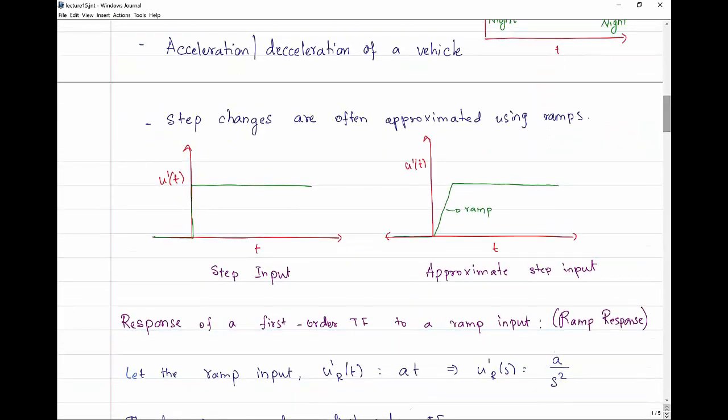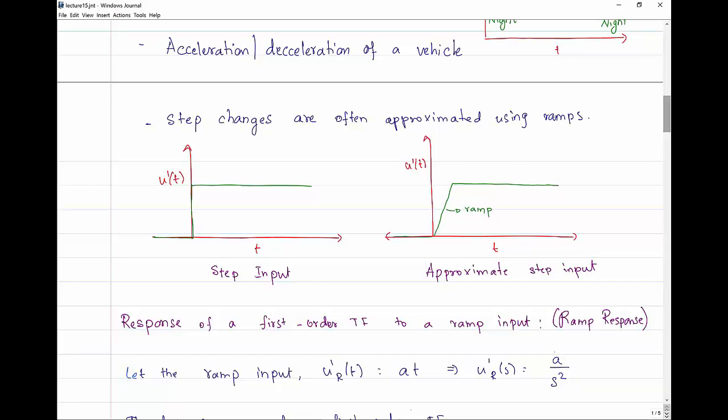and often in the process industry, step changes are not implemented as such, because if you make an abrupt step change in the valve position or in other manipulated variables, that change can often result in excessive wear and tear on the final control elements. In other words, abrupt changes such as step inputs, when made often, will lead to excessive wear and tear on the final control elements.